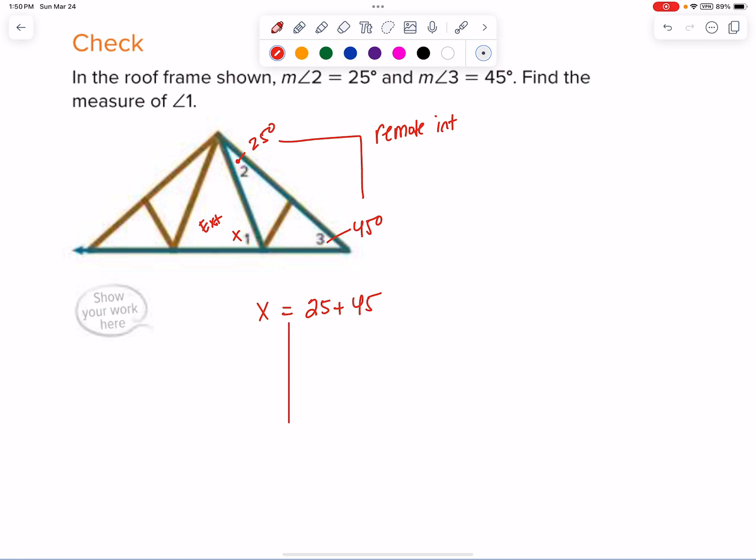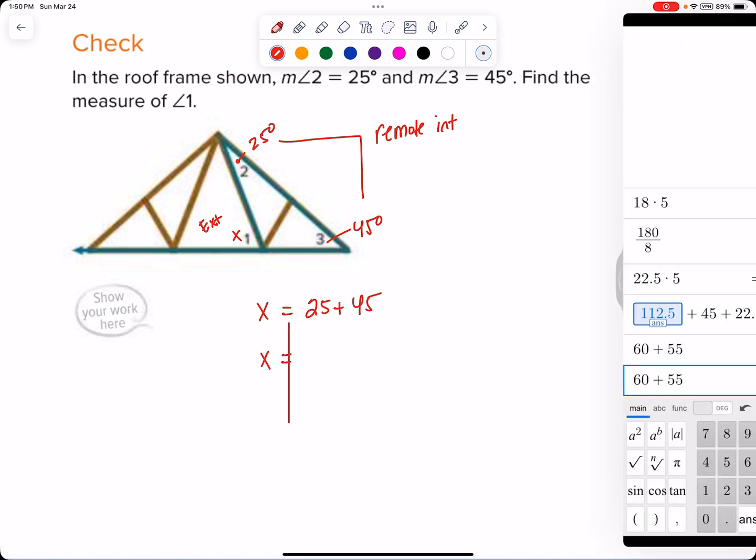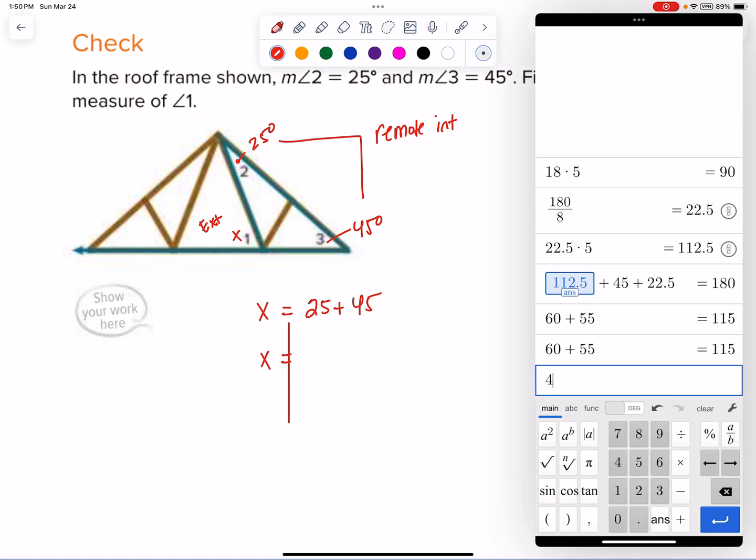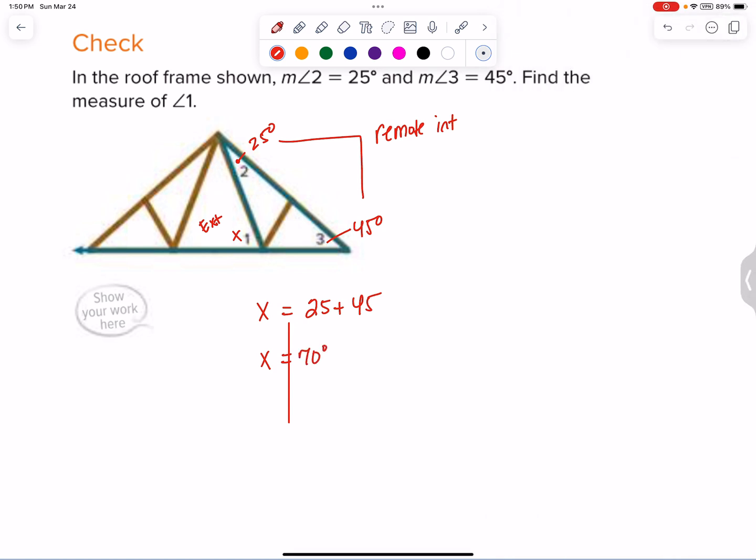So we can just go ahead and set this up and write what our solution is. So 45 plus 25, and you have 70 degrees. And it's not an expression, so it's just the answer. So let's go ahead and write the official answer. Measurement of angle 1 equals 70 degrees.